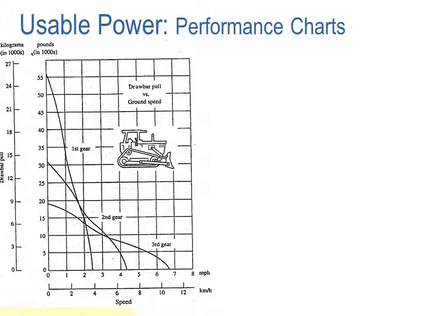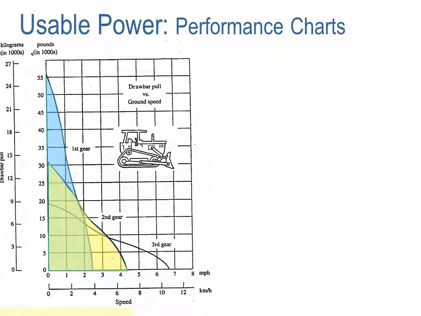So the area under the first gear curve is nearly equal to the area under the third gear curve. If you go and calculate it, you'll find it the same. Why is that? Because power is the integral of force over speed. So this is why this area is equal to that area.